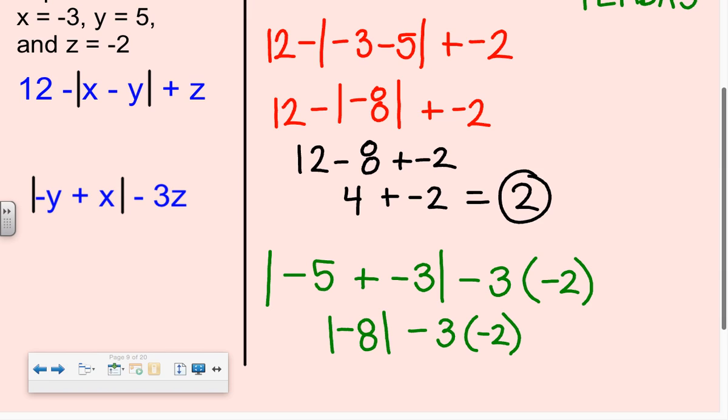I've got just one number left in my absolute value bar, so I can take the absolute value of it. The absolute value of -8 is 8. -3 times -2 is +6, because a negative times a negative makes a positive. And then I can add 8 and 6, and I get 14.